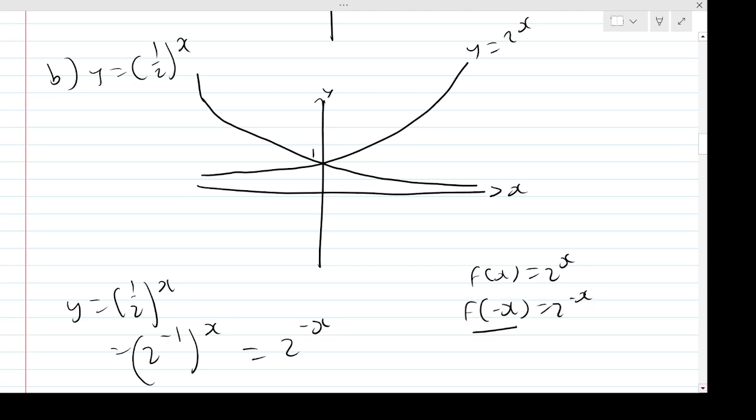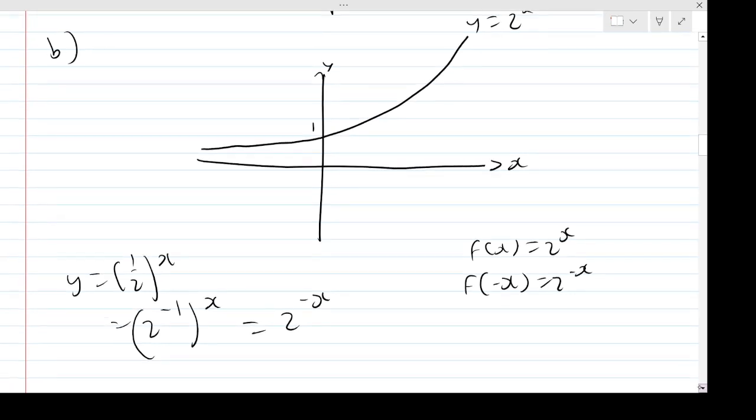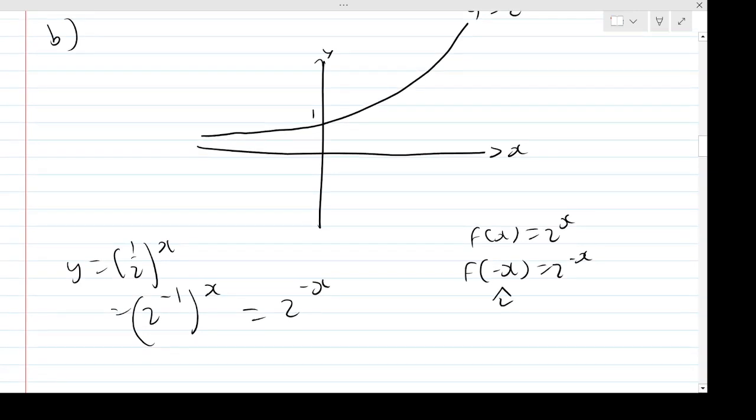But what do we know if we look at graph transformations? If this is my f of x, this 2 to the x, and I'm then plotting f of minus x, remember, when we looked at graph transformations, f of minus x, because it's inside the function, we're doing the opposite to what we expect.